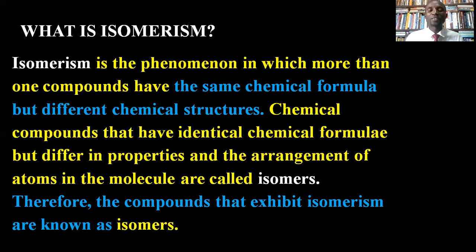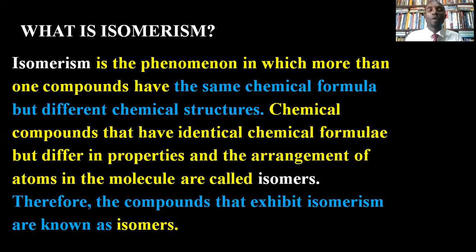Chemical compounds that have identical chemical formula, but different properties and arrangements of atoms in the molecules are called isomers. So two or three compounds that have the same chemical formula, but different structures, are what we call isomers. But the phenomenon is called isomerism.